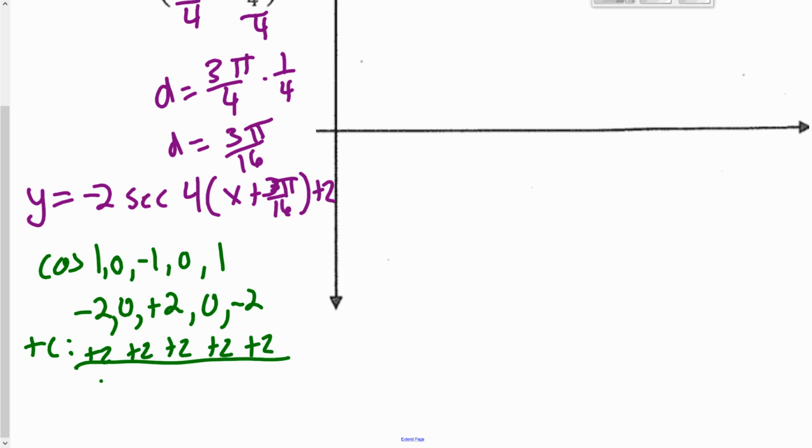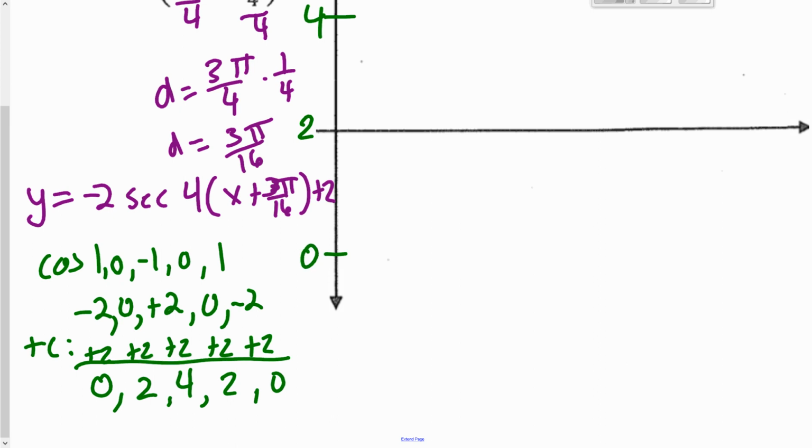And so we get 0, 2, 4, 2, and 0. So this might be confusing. Where do I put my numbers? Well, you just put the one up here as the largest, right? So that'd be 4. That'd be 2. That would be 0.